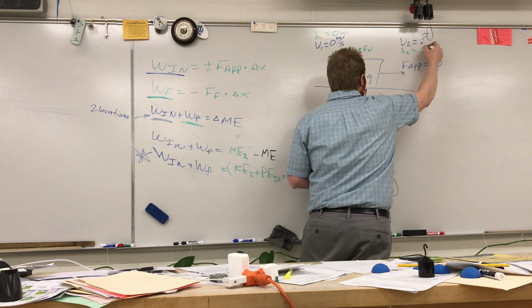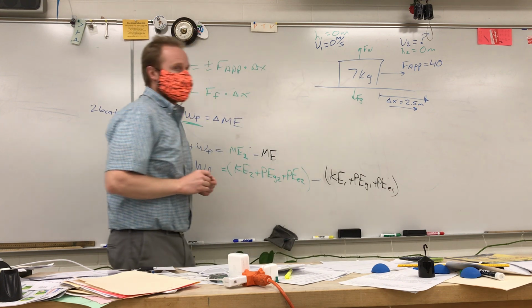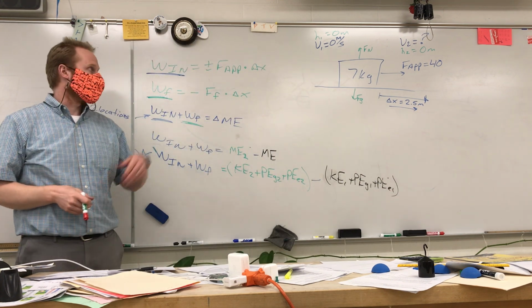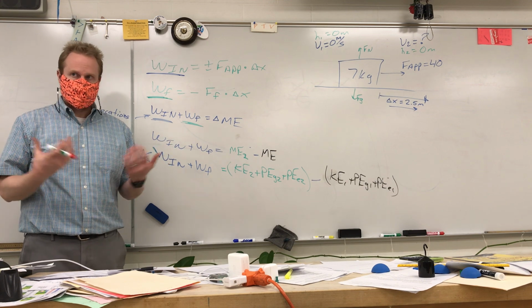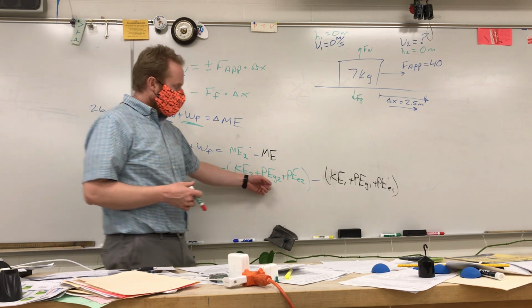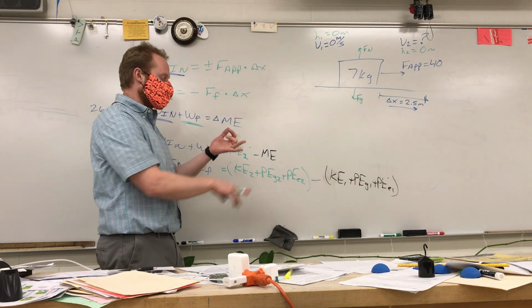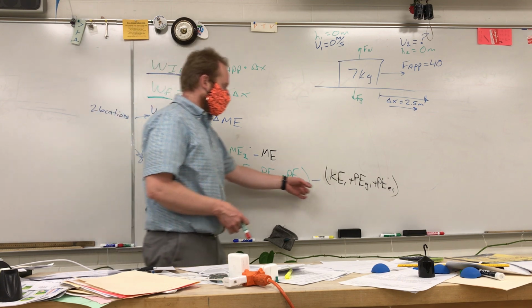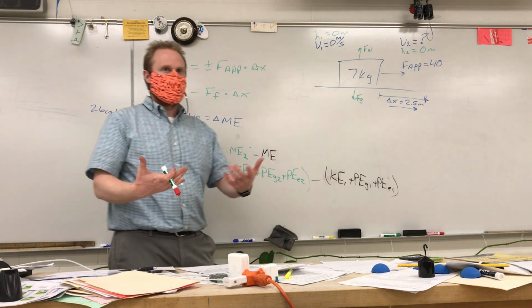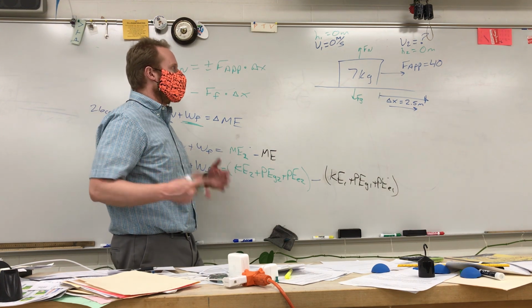That makes a lot of sense because it says it's a horizontal surface, so we define those heights to be 0. Technically you could say that H1 is 10 and H2 is 10. Then you're going to have a PEG at both locations, but it's the exact same mass, the same gravitational acceleration, and the same height. So we're going to take that number and then subtract that number. It has no impact. Zeros make a lot of sense to define that height, but it wouldn't have to be.